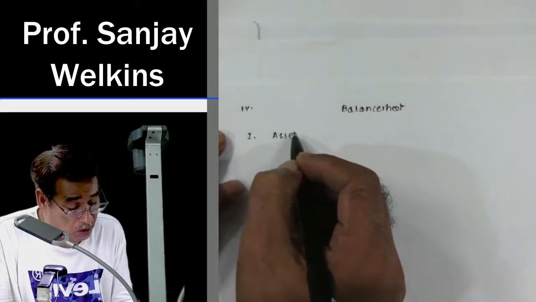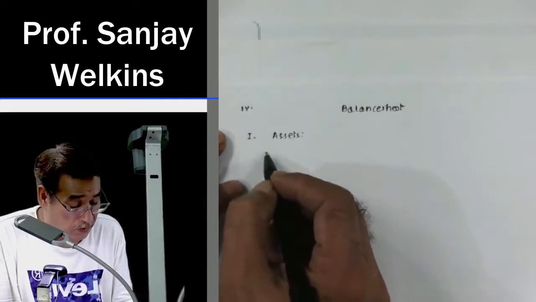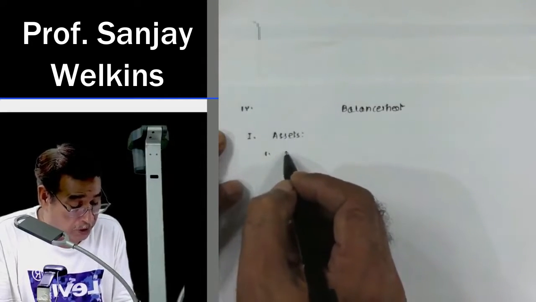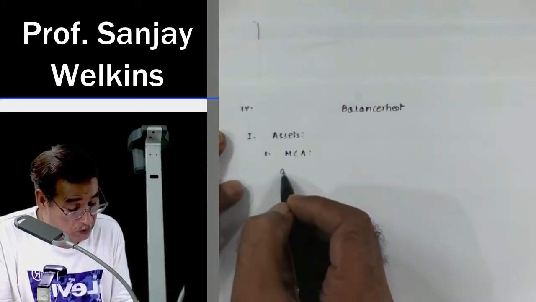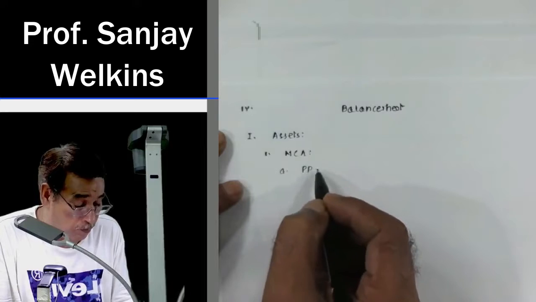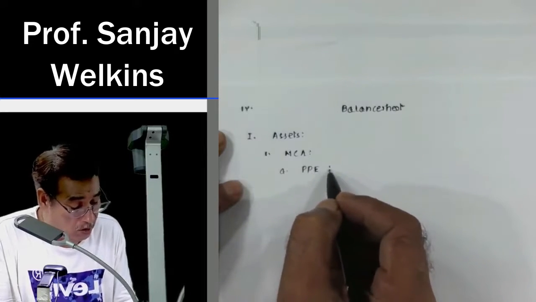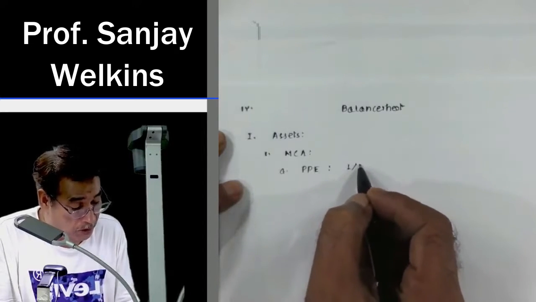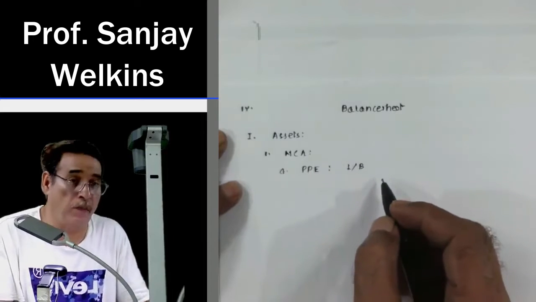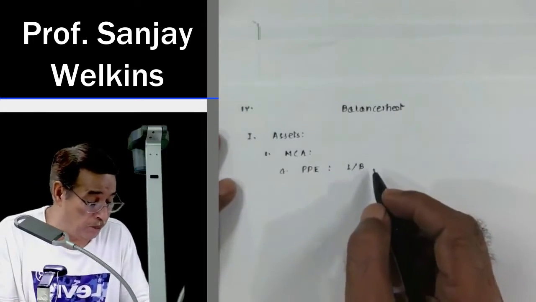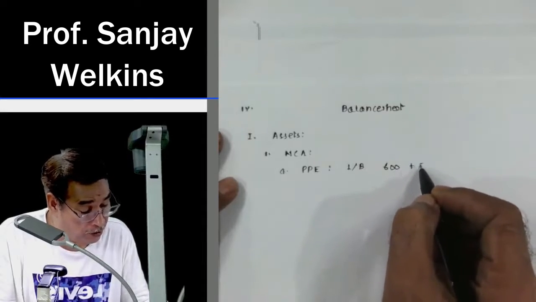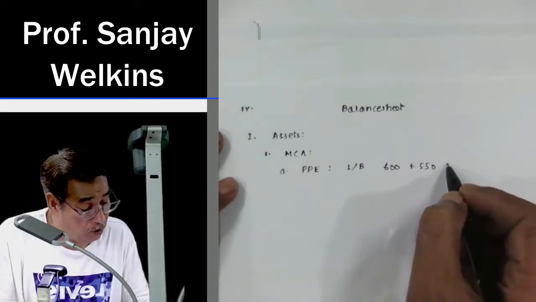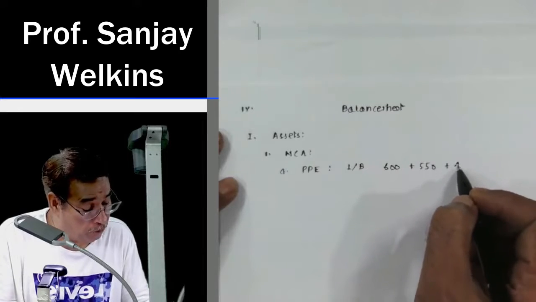Assets. Now preparation of balance sheet should not be a matter of concern. Non-current assets, property, plant and equipment, land and building. Now look carefully. Land and building of all three companies will now be added back. That's all. 600 plus 550 of X Limited plus 400 of Y Limited.